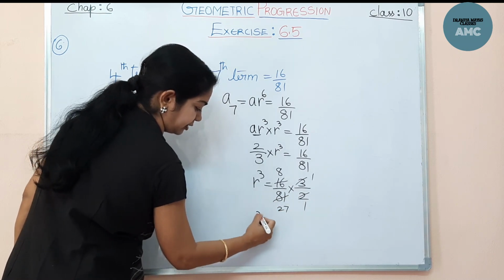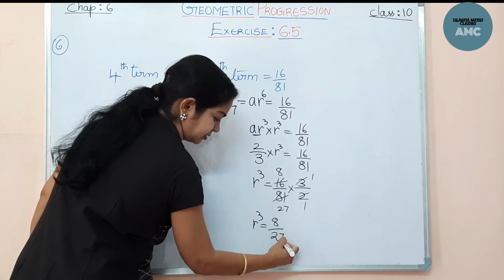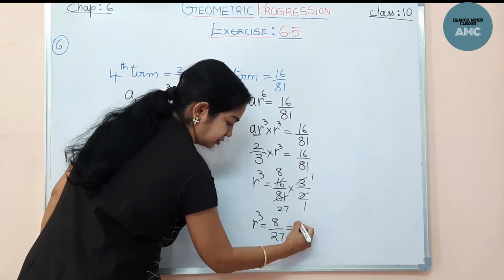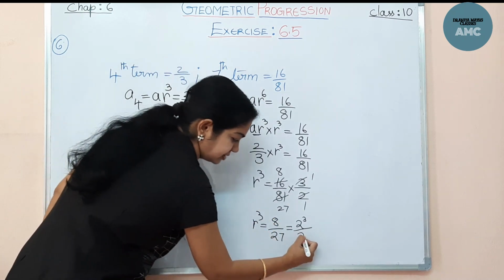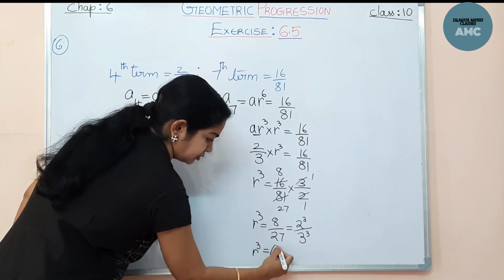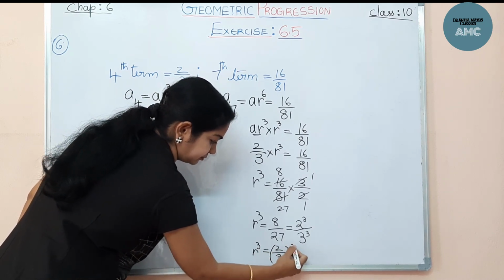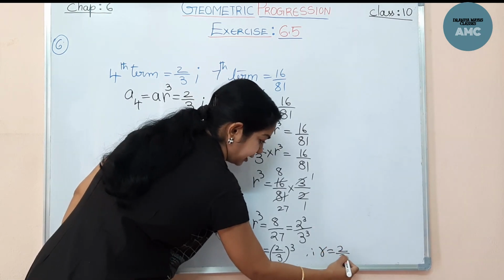So clearly R cube is equal to 8 by 27. So 8 is 2 cube, we can write it in the form of a cube, and 27 is 3 cube. So R cube is equal to 2 by 3 whole cube. Therefore R is equal to 2 by 3.